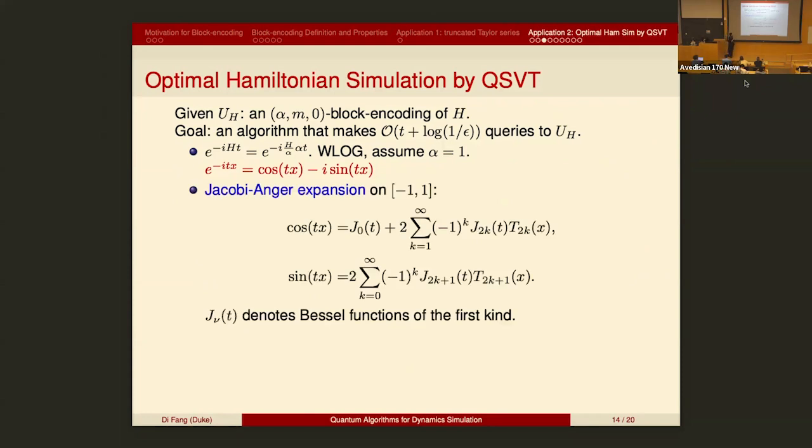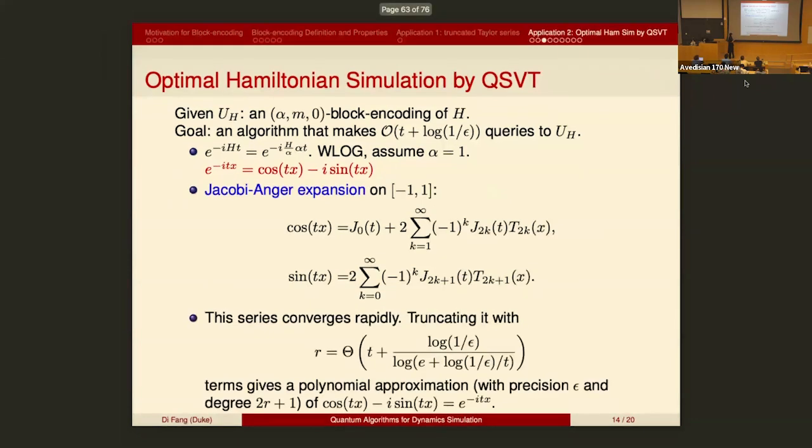Turns out there is this Jacobi-Anger expansion, which is the optimal expansion for cosine and sine. That's going to be what I'm going to use. The precise expression is not important. The point is that once you truncate it, it's going to give you some error. And these are going to be some even polynomials for cosine. The sine is going to give you some odd polynomials, which both can be implemented by QSVT, the odd ones and the even ones.